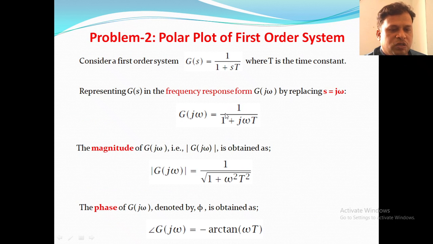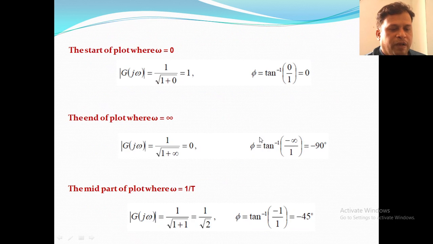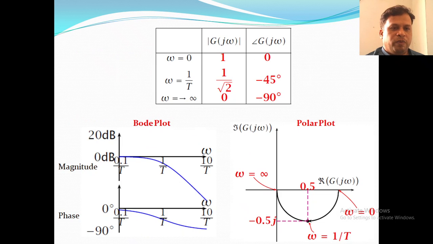Because we are seeing the values here 1 by 1 plus j omega T, where omega is having the values from 0 to 1 by T, and 1 by T to infinity. So at 1 by T, the angle is minus 45 degrees, and at infinity the G of j omega value is 0, and where omega is equal to 0 the G of j omega value is 1. So we are having 0 angle and value is 1, and minus 90 angle, the value is 0, and minus 45 angle, the value is 1 by root 2 at different values of omega.